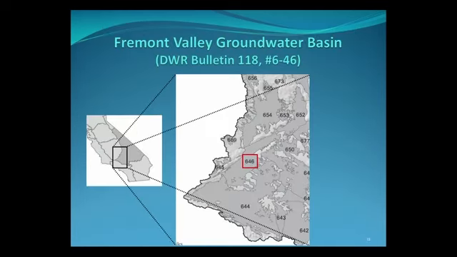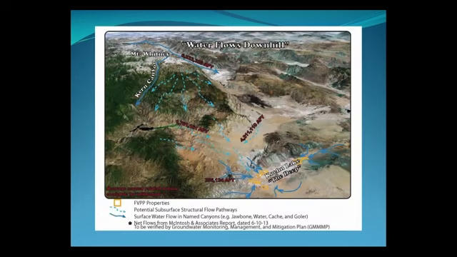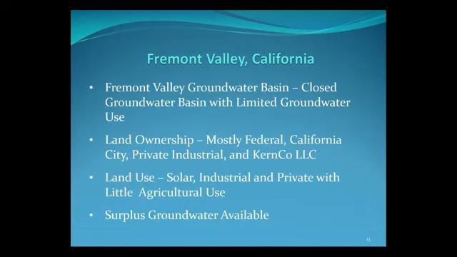I wish I had a pointer, but there's a little line where they meet. Anyway, that's about where the dotted blue lines end and the solid blue lines begin. So I can't tell you whether water is flowing from Indian Wells Valley into Fremont Valley, or if so, how much it's flowing. But I can tell you that any water flowing into that valley is not flowing out. So we have a closed basin in the Fremont Valley area.